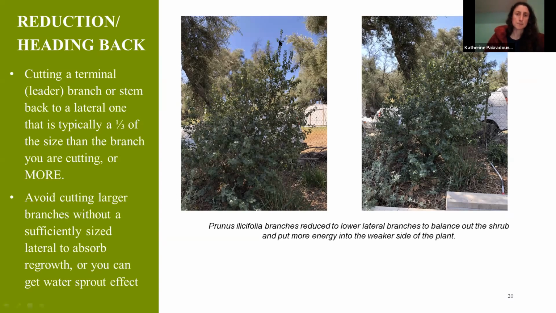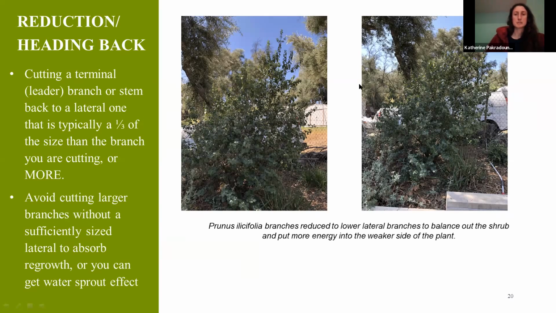So for example, it's not very noticeable, but this is actually a central leading branch right here. It's coming up to a point here, and it's taking all this energy, directing it here, and the plant itself is pretty unbalanced. You can see that the plant is leaning in one direction. And so what they did was they cut it back and that is encouraging more energy to go into the lateral branches, which will hopefully round out the shrub over time.